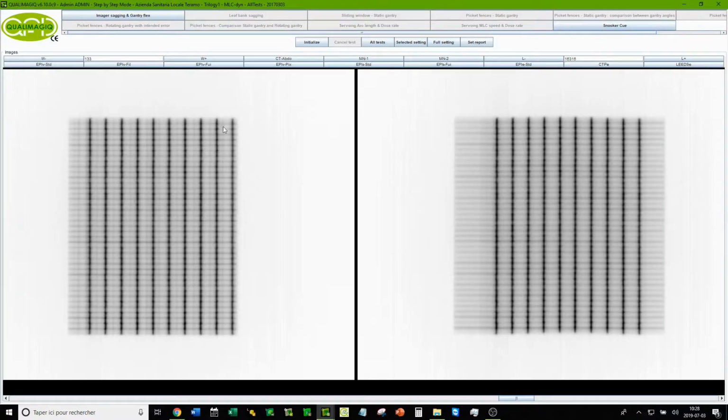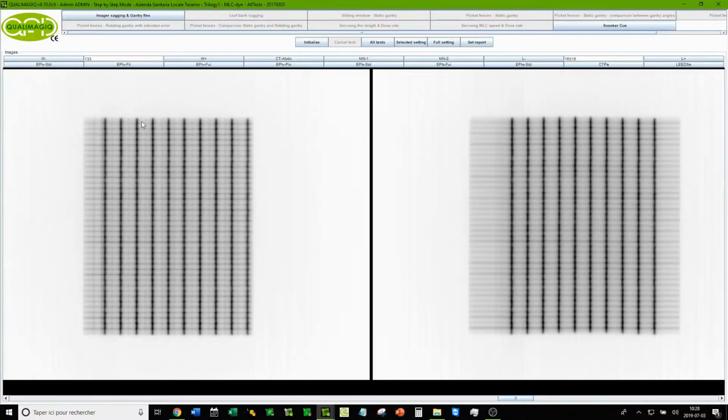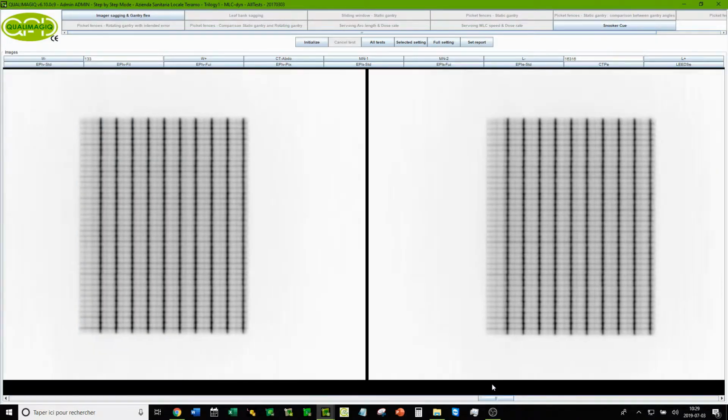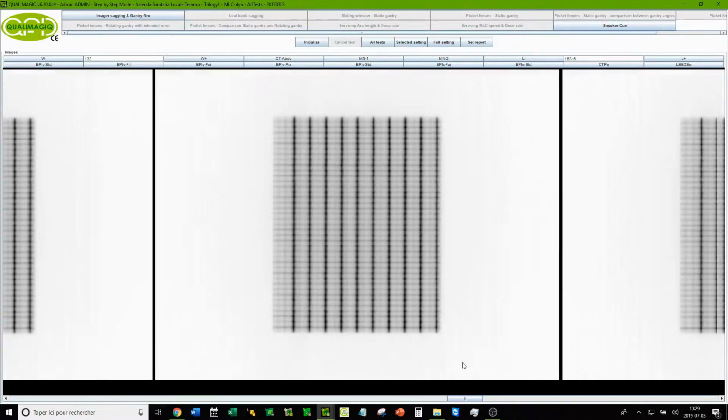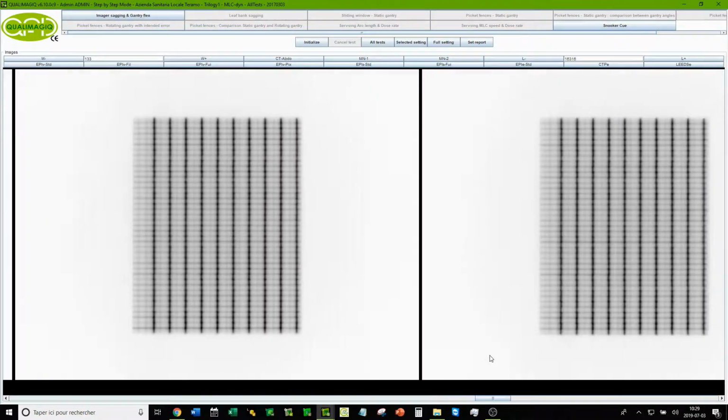The picket fence test with either static or rotating gantry will consist in measuring the position and the width of each radiation slit and checking it with the prescription. A total of 40 leaves and 10 slits has been tested, yielding 400 widths and 400 positions, repeated for 4 images with a static gantry.